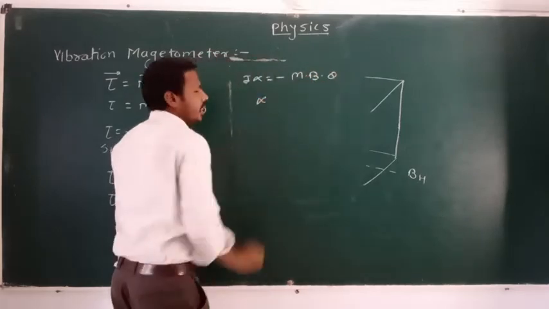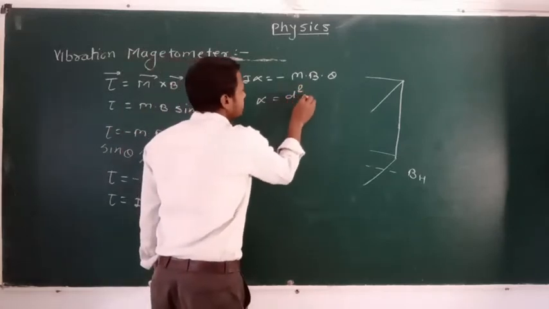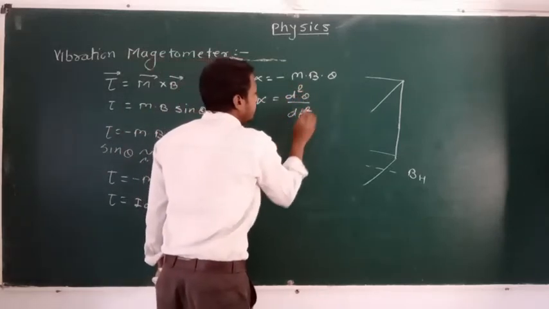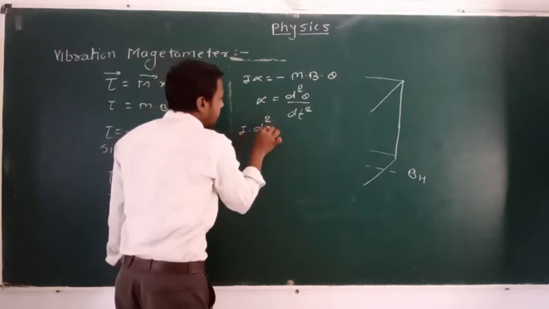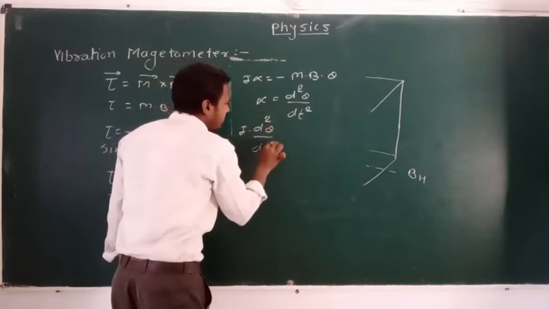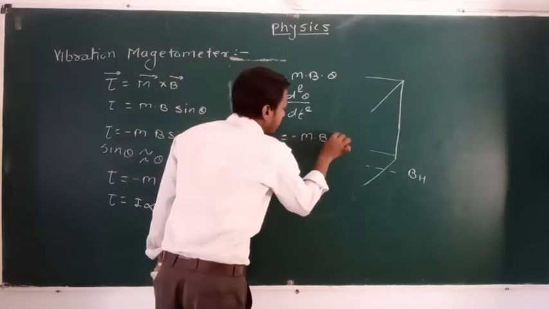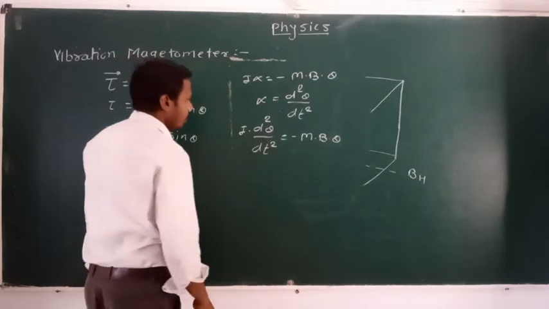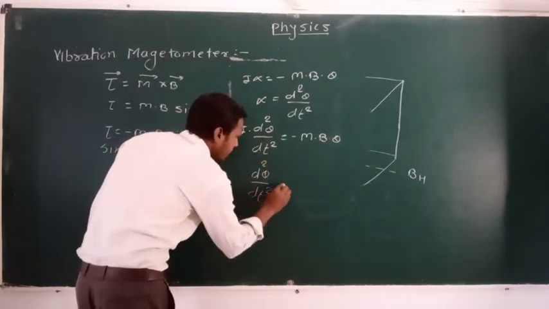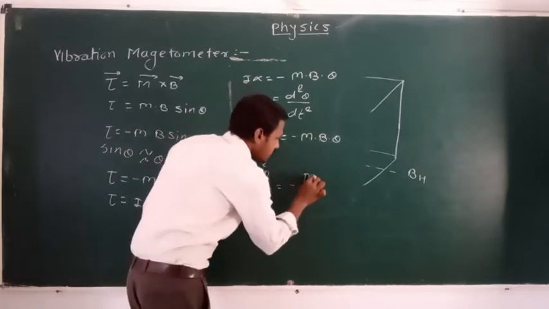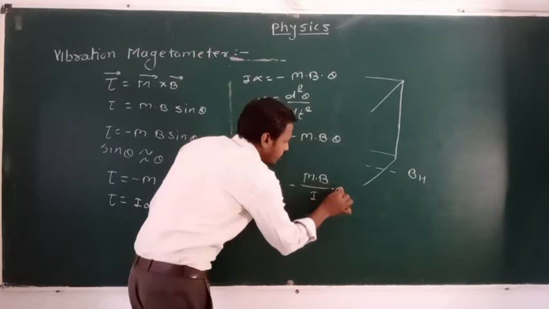Alpha means angular acceleration, and alpha is equal to d2 theta by dt square. Then I into d2 theta by dt square is equal to minus m into b into theta. Now d2 theta by dt square is equal to minus m into b divided by I into theta.